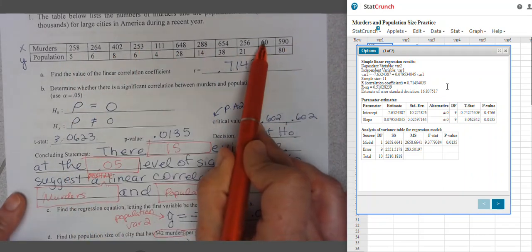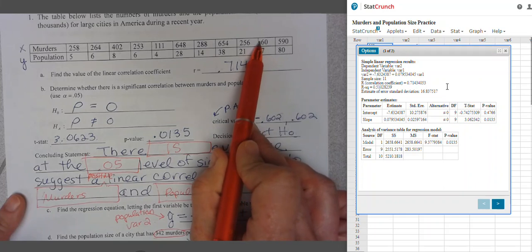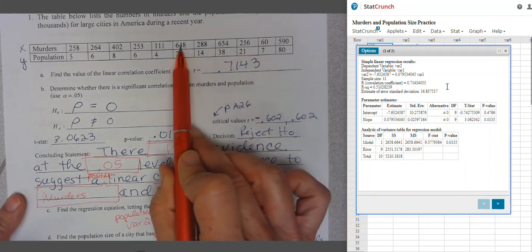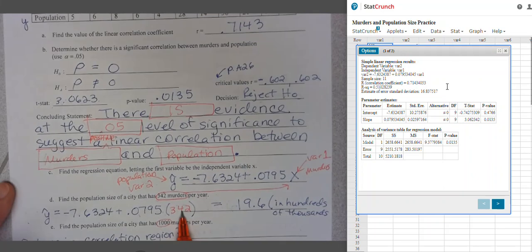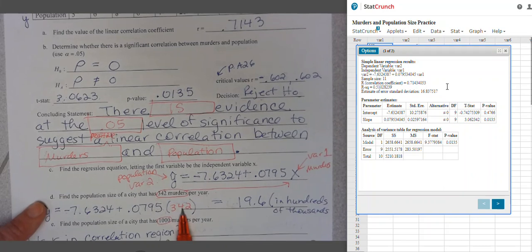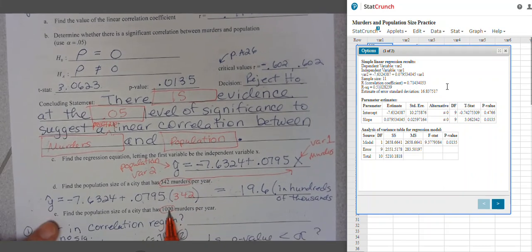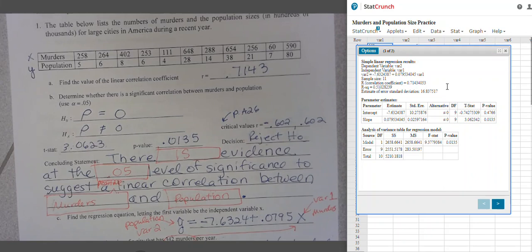We had a low of 60 murders and a high of 648. So this 342 number is within the range of the other values. However, this value is not. So we won't use the regression equation here, because it's so far out of the range of the other numbers that it isn't meaningful to use it.